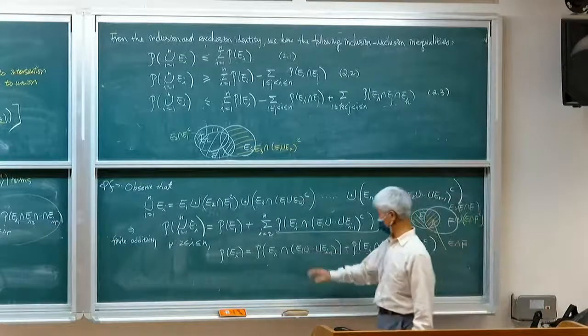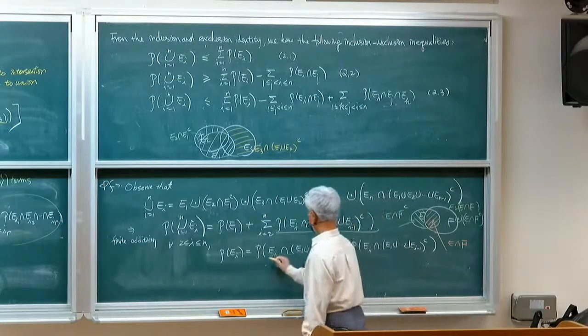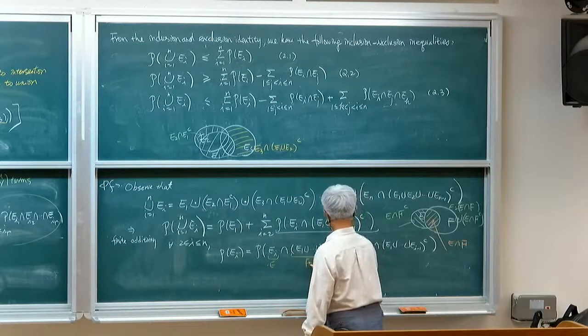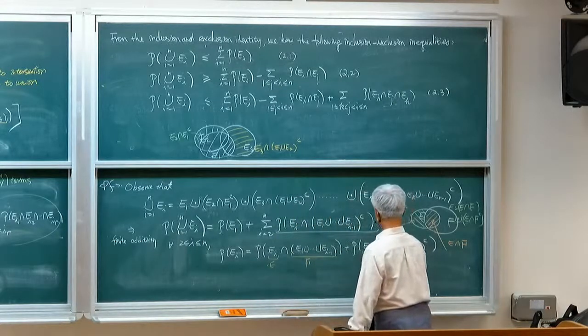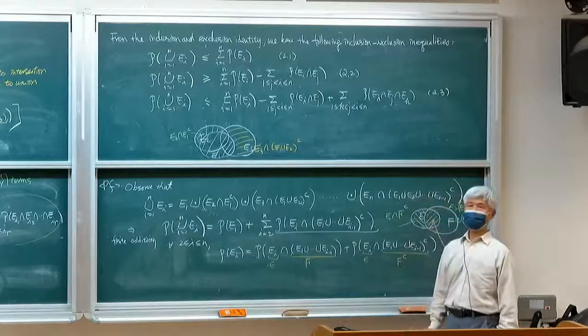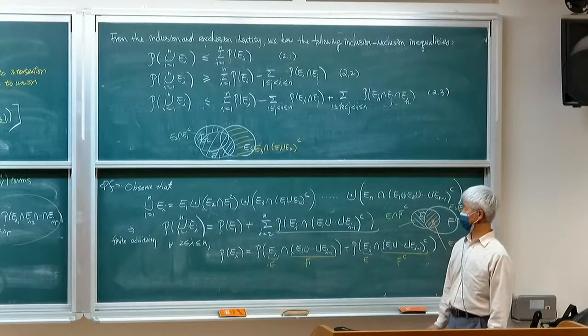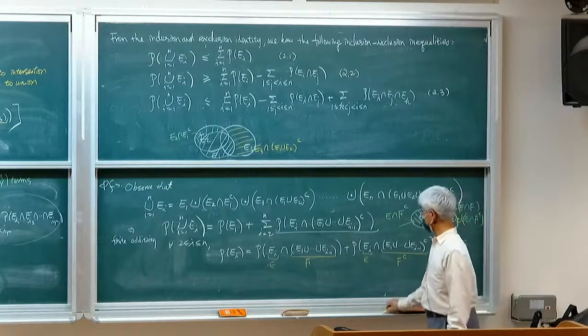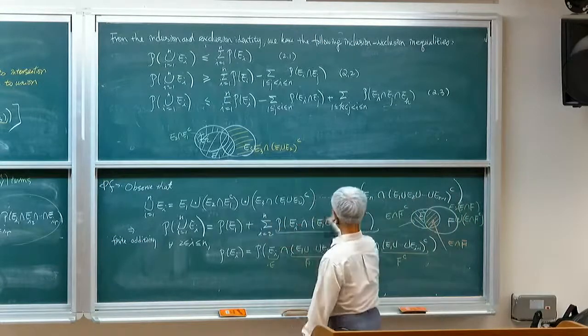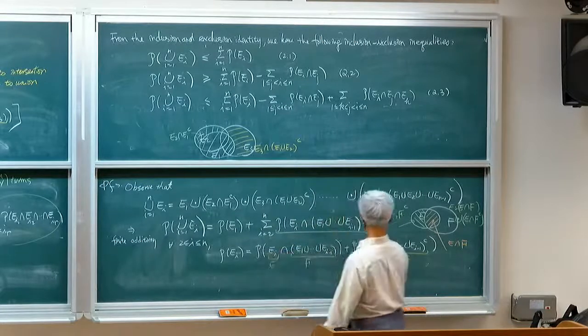Okay, so think about that. So this is E, this is F, this is E intersect F complement. Okay, so now you can see that this is what we want, right?